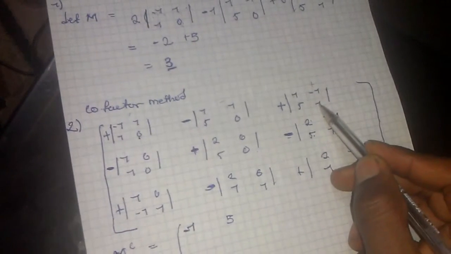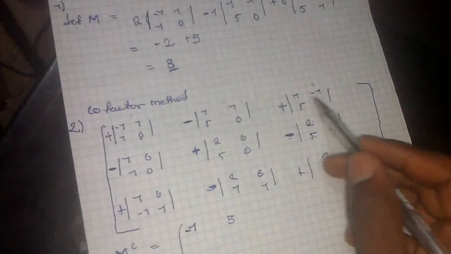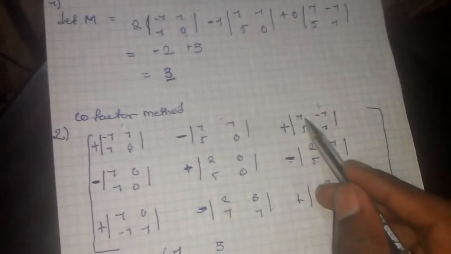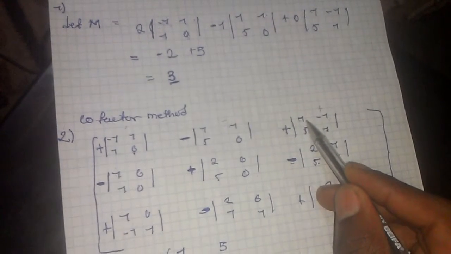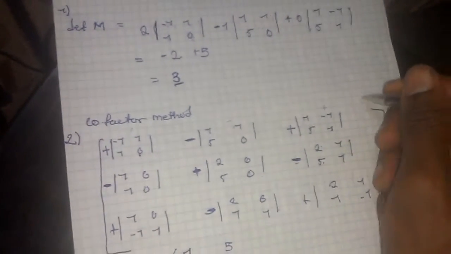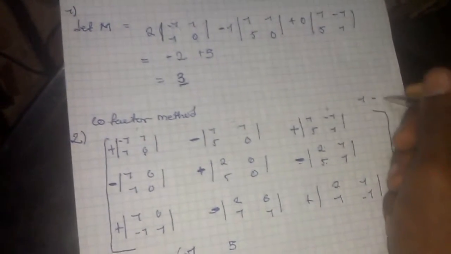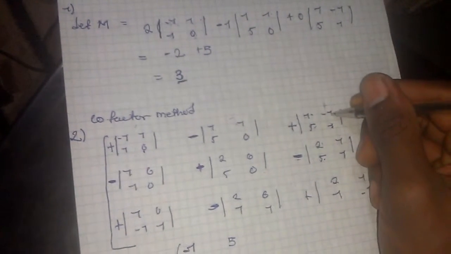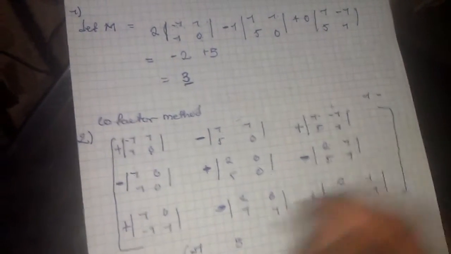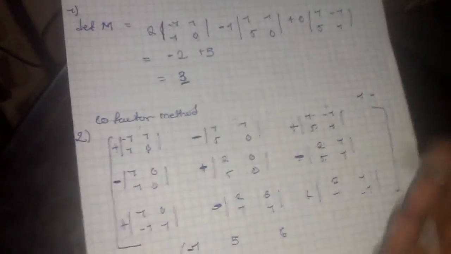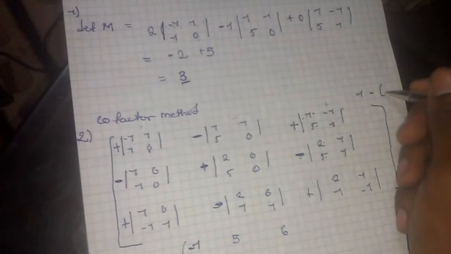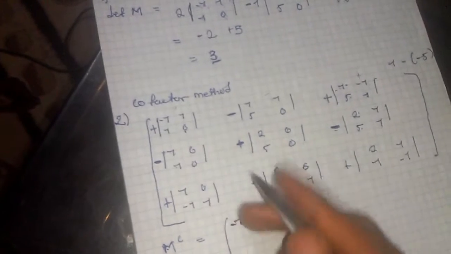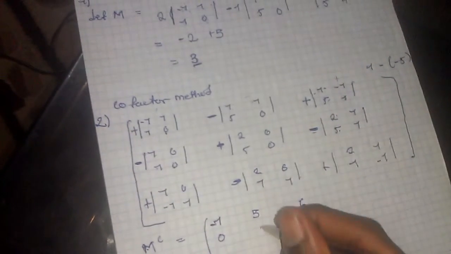Here we have this 1 times this one minus that, that is 1 minus minus 5, so we have 6.